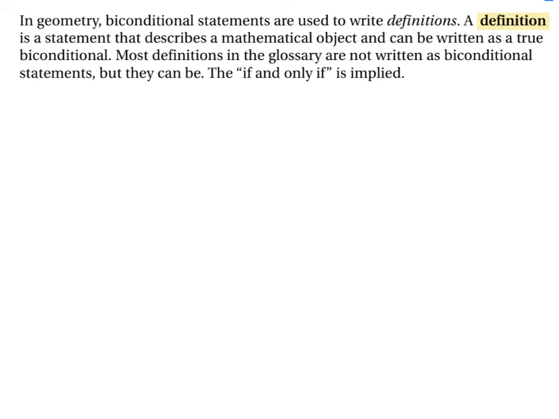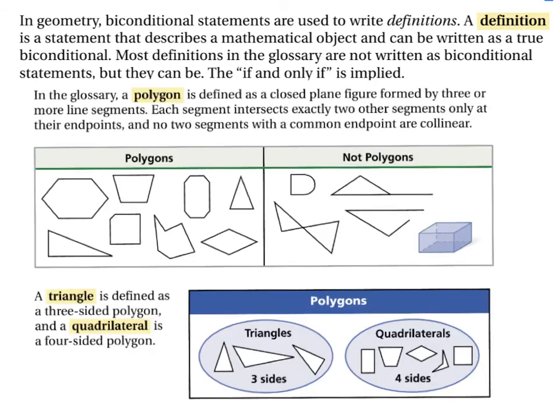So let's do an example of that. Now, these are 3 vocab words that you should know. If you know them, there's no reason to write them down. But if you don't, it would be my suggestion that you write these down. You do not need to draw any of these pictures. You know what a polygon and triangles are.